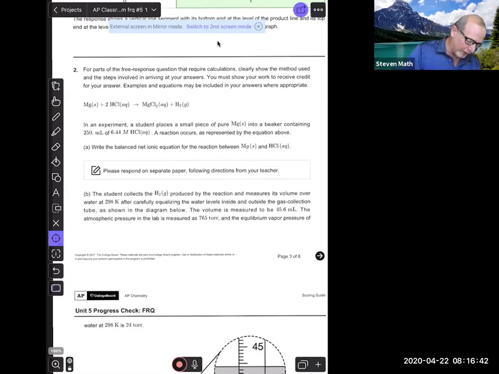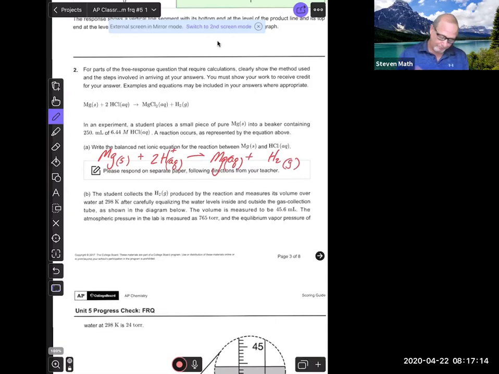So if we've got the overall, what I'm looking at is I see Cl aqueous and Cl aqueous. Everybody else is going to participate here. So my balanced net ionic is going to be Mg solid plus 2H+ aqueous goes to Mg2+ aqueous plus H2, now as a gas.